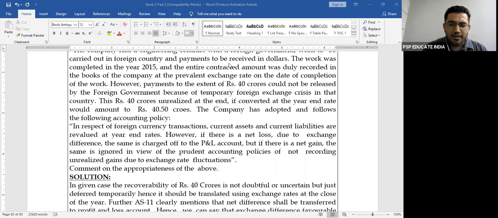Okay. Look at the next one. But if there is a gain, the same is ignored in view of prudent accounting policies and of not recording unrealized gains due to exchange rate fluctuations. Is this treatment for the gain correct? Yes or no?